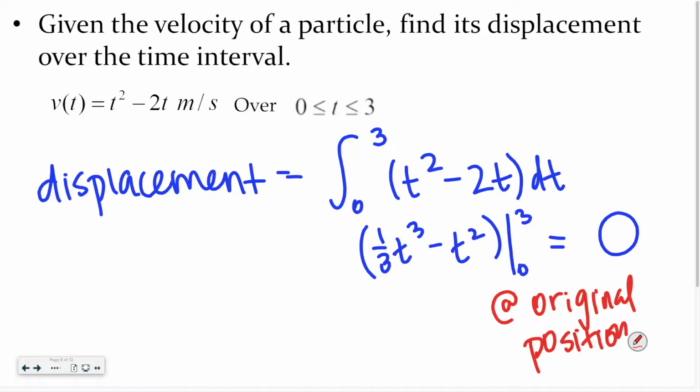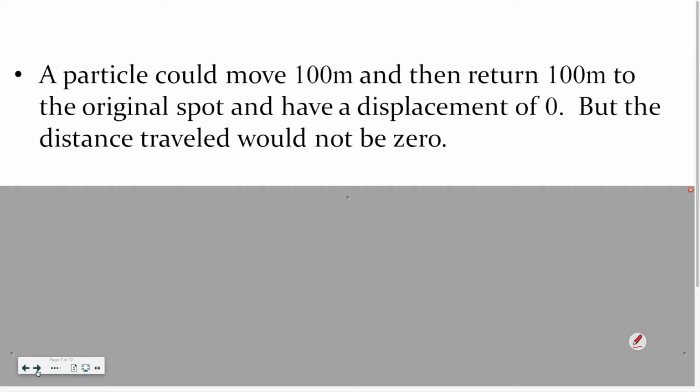So while it has a displacement of 0, surely it traveled some distance, right? When we talk about distance, same kind of thing, we can have a particle who moves 100 meters to the left and then 100 meters to the right, and so it has a displacement of 0, but it traveled 200 meters. How are we going to calculate distance?